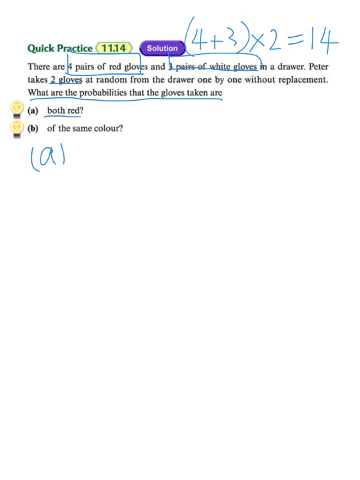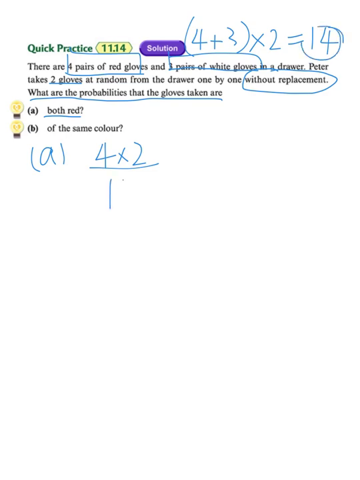Okay, now the key point right here is without replacement. So the first time for drawing a red, sorry, it's not 4. There are 4 times 2 red gloves in the pool, and in total there are 14 gloves.